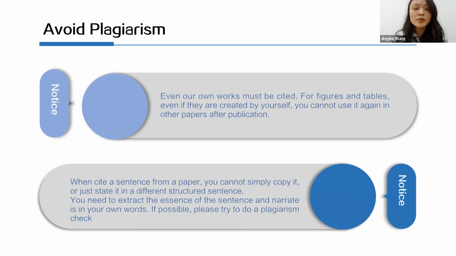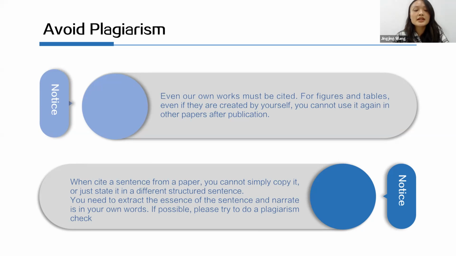Even if some of them are our own works, we have to cite them. For figures and tables, even if they were created by yourself, you cannot use them again in other papers after they have been published. So if necessary, you can make a thorough modification on your works, but don't copy them.